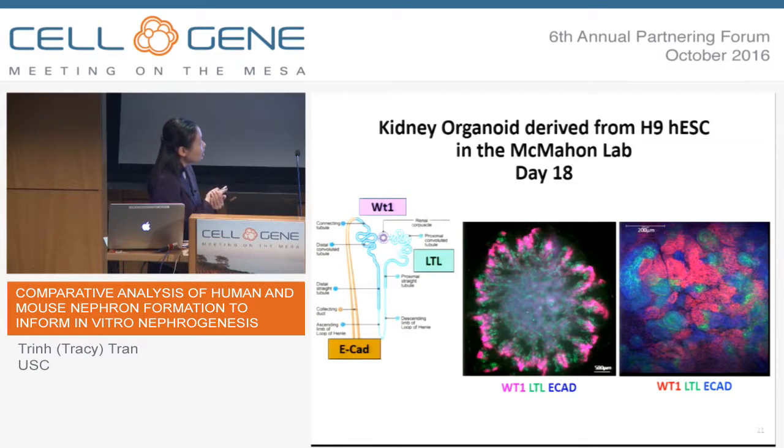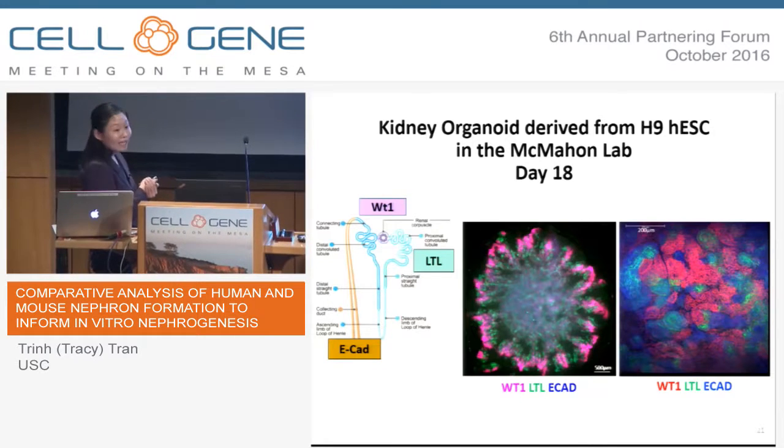WT1-positive cells organize around the periphery of the organoid, and LTL, ECAD, and WT1 cells form a network inside of the organoid. WT1 in the mature nephron marks the glomerulus, LTL marks the proximal tubule, and ECAD marks the collecting duct.